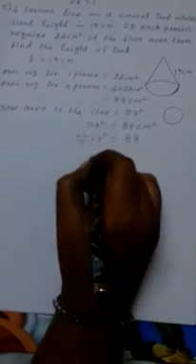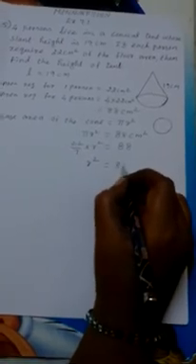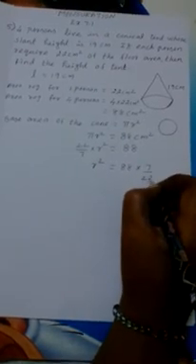So keep r squared here and bring the remaining terms to this side. While bringing to this side, the number gets reciprocal, so 22 by 7 becomes 7 by 22.